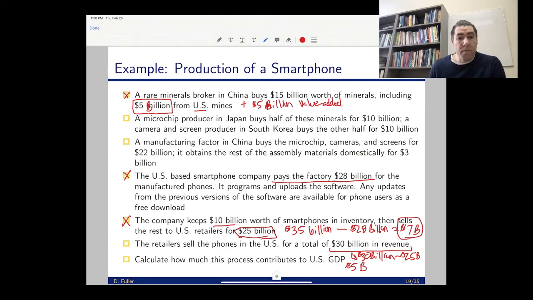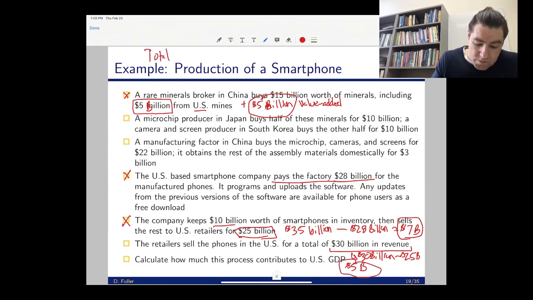So now I've determined at every step here what is value added in the US production that took place. The answer is 5 billion plus 7 billion plus 5 billion.